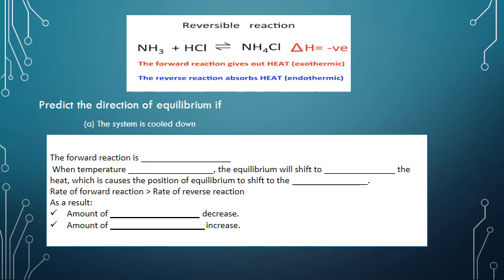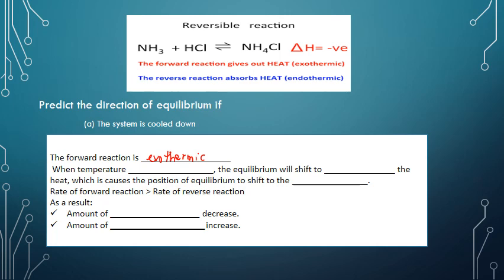Okay, so let's see the example. The system is cooled down. So, what happened bila sistem kita mengalami kesejukan? Okay, ke mana arah kita akan shift the reaction? So, kita tahu dekat sini the forward reaction is exothermic. Maksudnya forward reaction akan release heat.